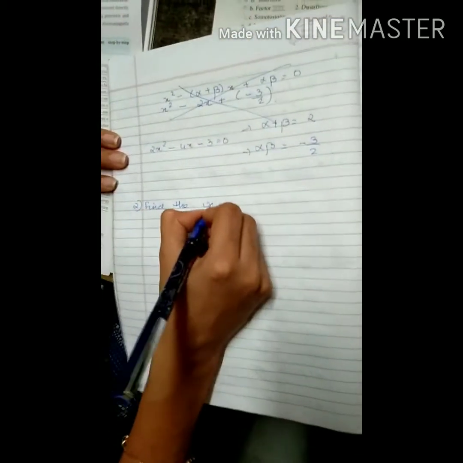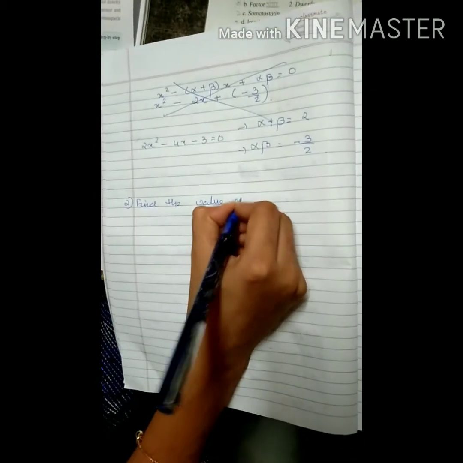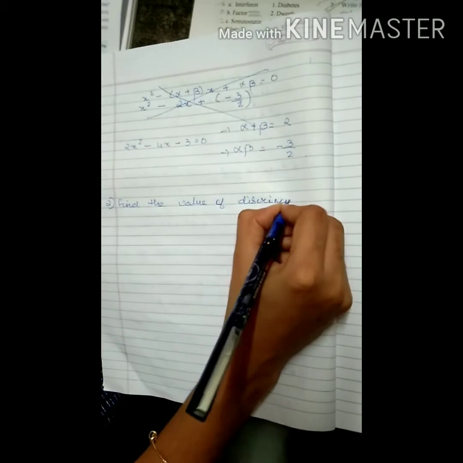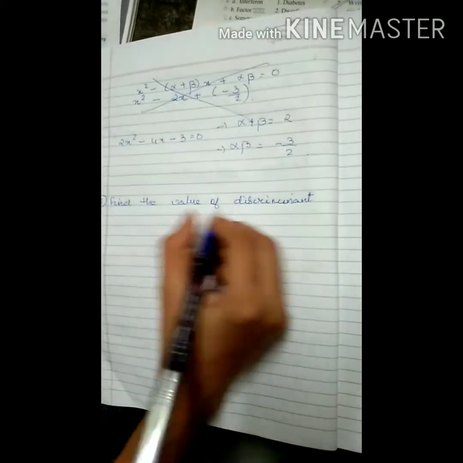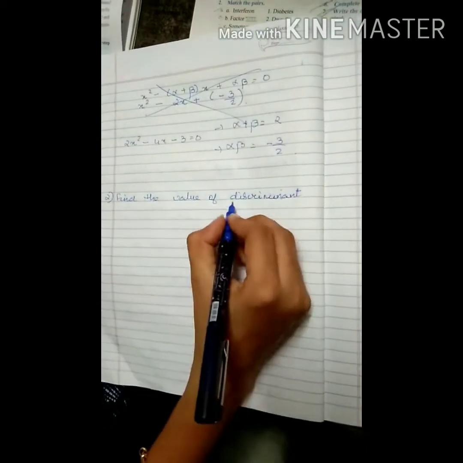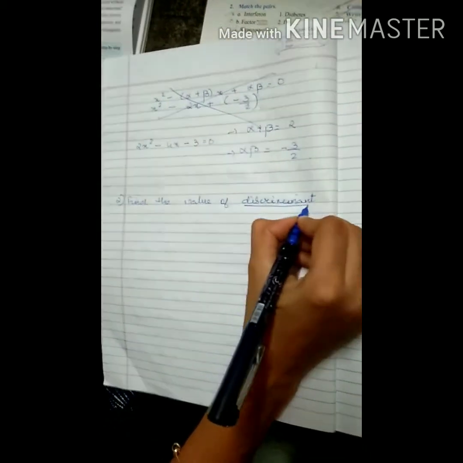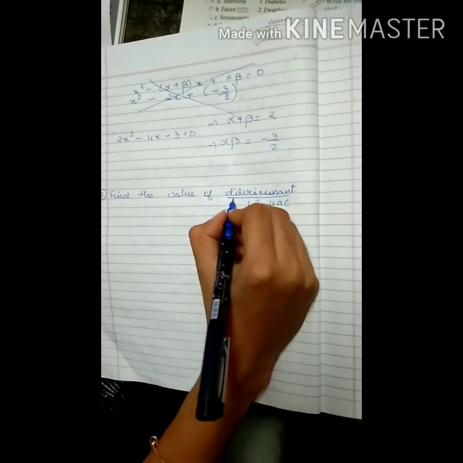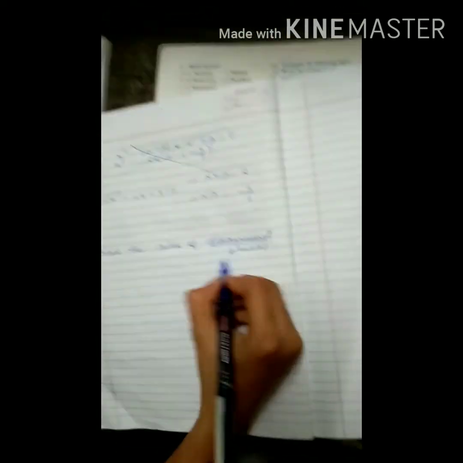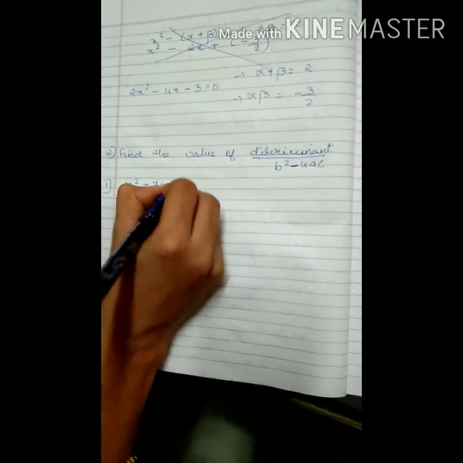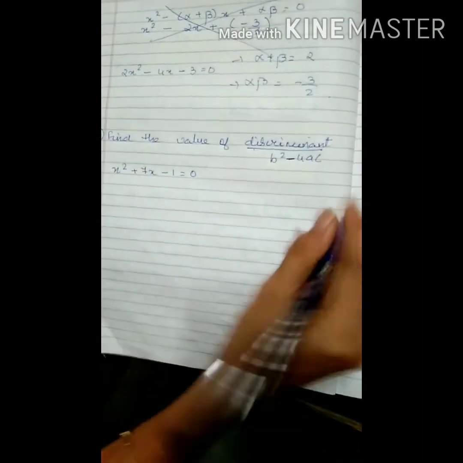Now, discriminant. Discriminant means you will have to find the value of b square minus 4ac. Compulsorily, when the word discriminant is used, you will have to find the value of b square minus 4ac. The first question is x square plus 7x minus 1, which is equal to 0.